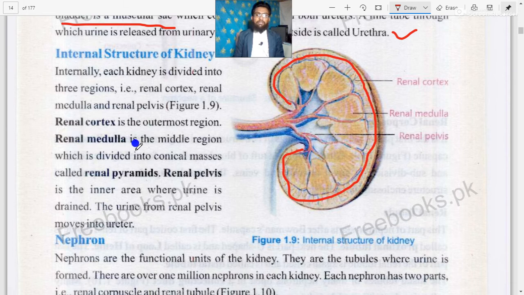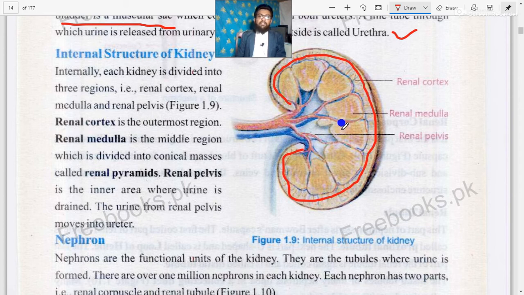Next, renal medulla is the middle region, which is divided into conical masses called renal pyramids. Dear cadets, cone-shaped structures are present in the middle region. These are all cone-shaped structures, and they are known as renal pyramids.